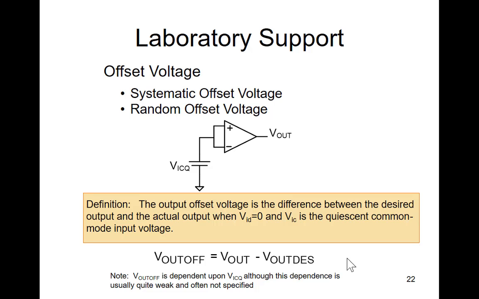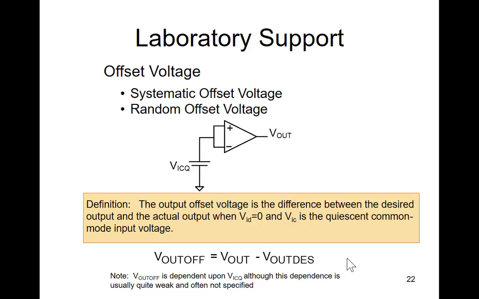So all offsets are relative to a common mode input. They don't oftentimes specify it, but like on an op-amp, 741, if you have plus or minus 15 volt supplies, it's probably relative to 0 volts common mode inputs. So you put the common mode input in here, ground the inputs. If this output is not what you want it to be, the difference between what you want and what you get is the output offset.